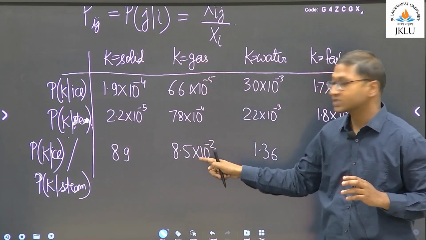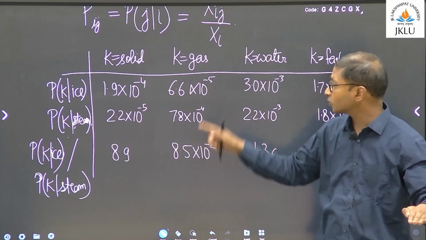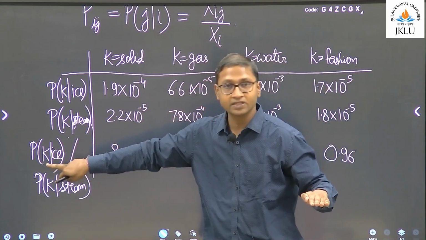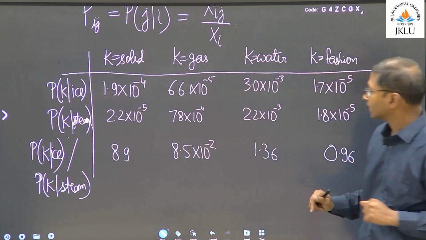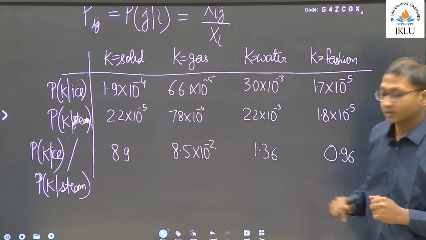And similarly for steam, it is very low because you are dividing by that exact same thing. If you make this reverse, even this number will be higher. So this number will be close to this number if you take the reverse ratio.